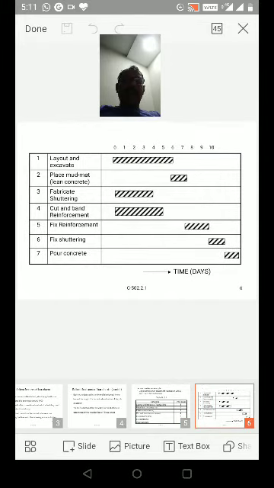Up to 5 days is completed, so it starts on the 6th day and ends at the end of the 6th day, that is from 6 to 7, 1 day.